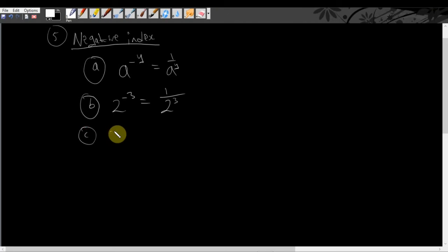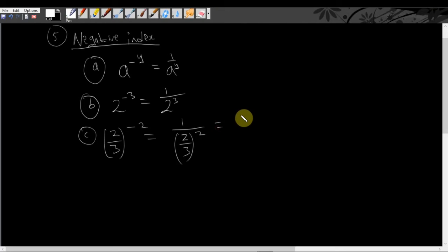Let's say we have 2 over 3, all in parentheses, to the power minus 2. This becomes 1 over 2 over 3, the whole number, now to the power of 2; the negative will go out.